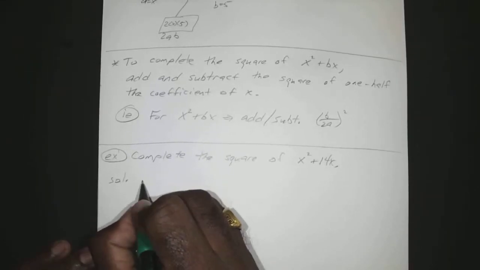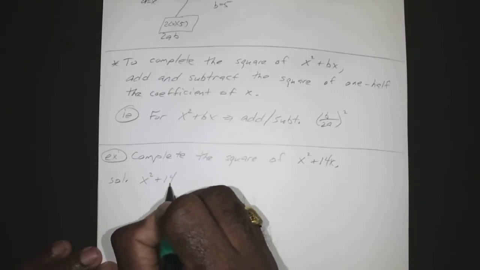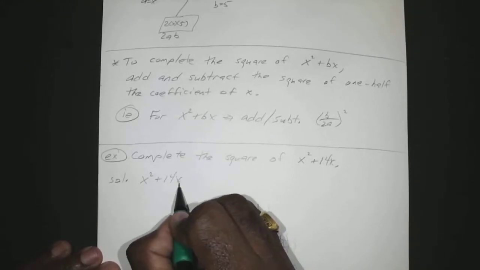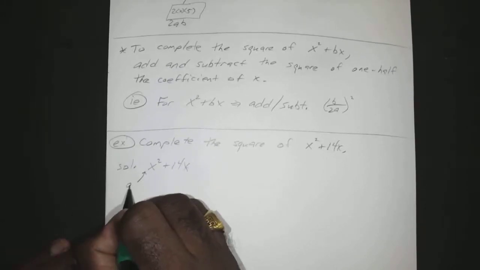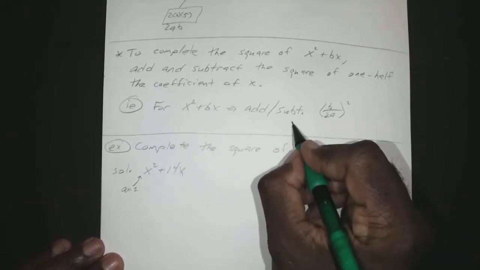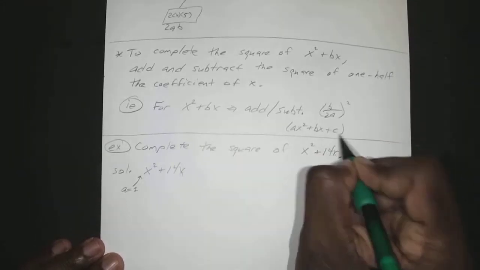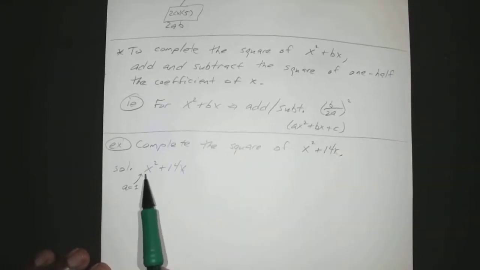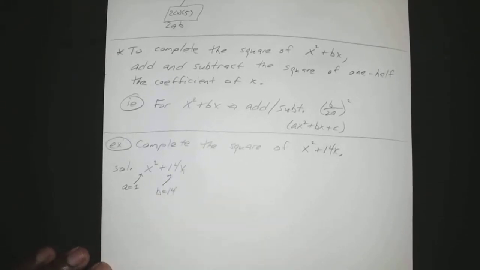So remember, for your x squared plus 14x, in this case your a is equal to 1. Because remember, you're looking at the form ax squared plus bx plus c. So in front of your x squared, your a is equal to 1, and your b is equal to 14.